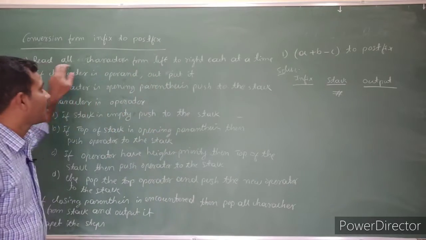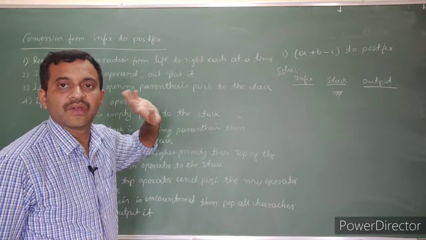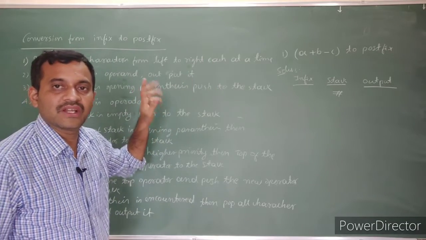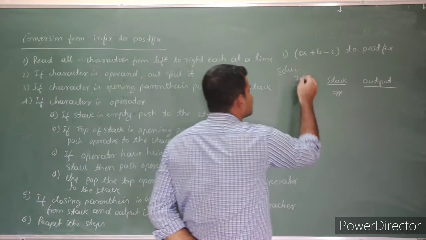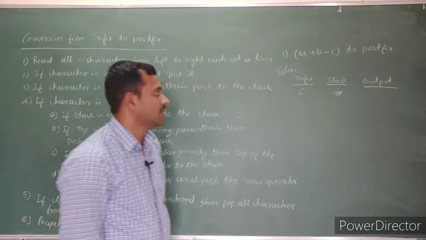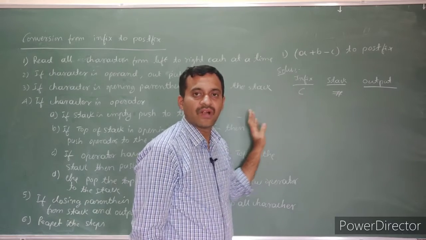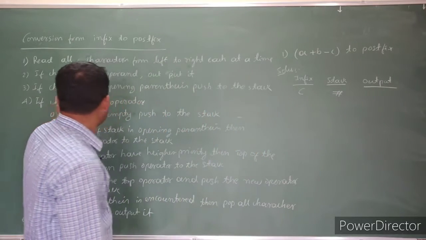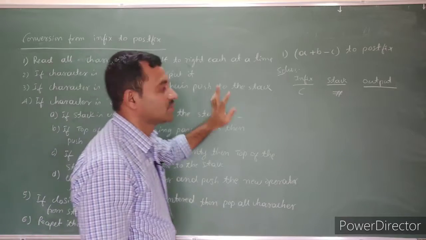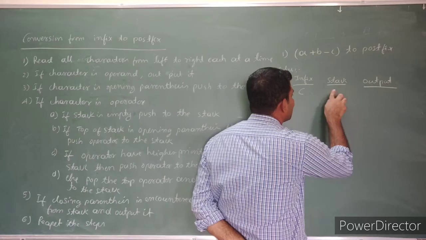See the first step. Read all characters from left to right, one at a time. The first character is the opening parenthesis. If it is a parenthesis, what do we do? Push it to the stack.